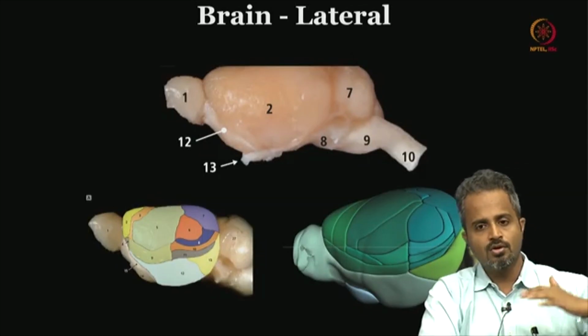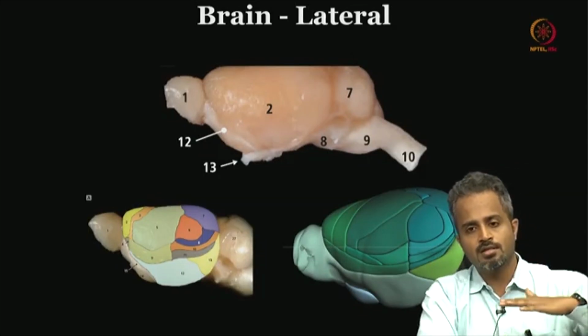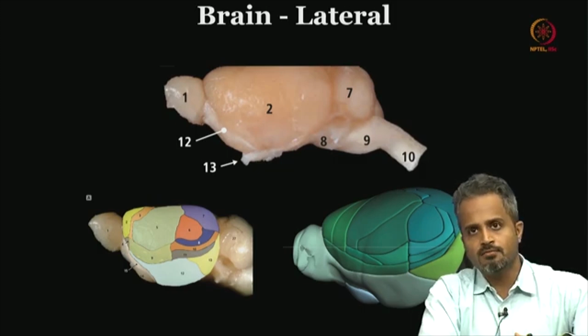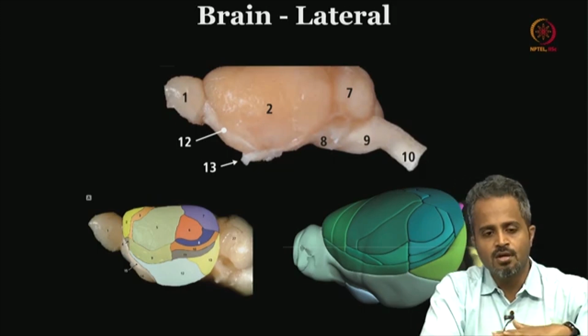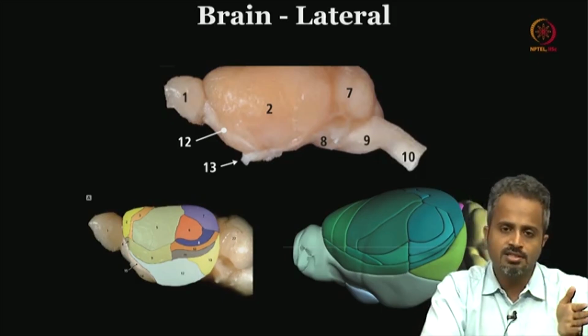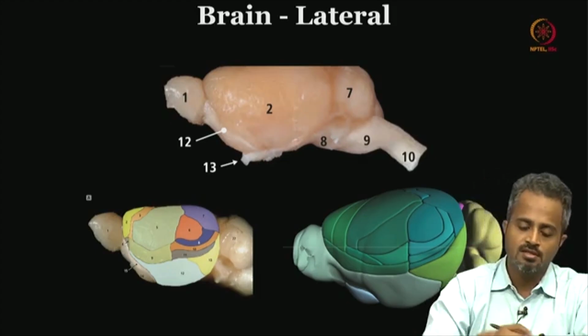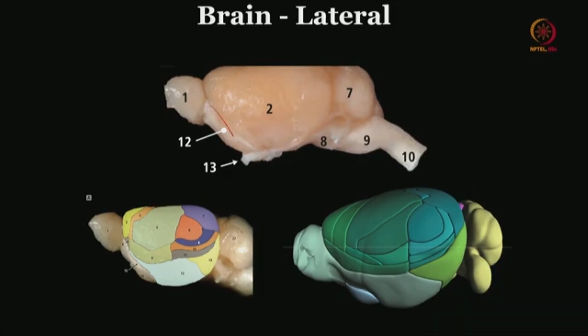In the sense, you are looking at the brain from the top, and it is in the horizontal plane with reference to the floor. That is the axial orientation, and the lateral orientation is from the sides. So, from the side view, this is how the rodent brain would look.